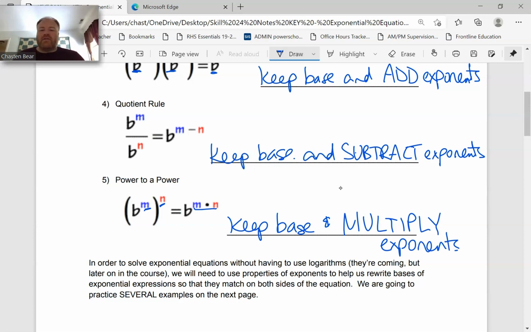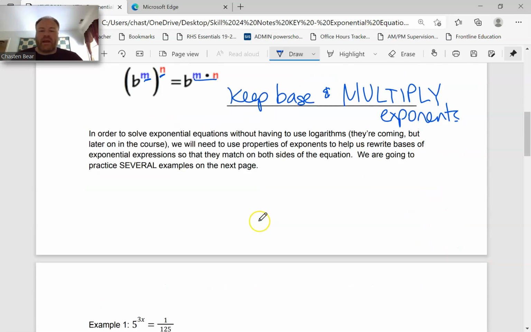And so what we're going to do is solve exponential equations where we rewrite bases so that they're the same base and use these properties of exponents so that we can actually end up figuring out some equations.